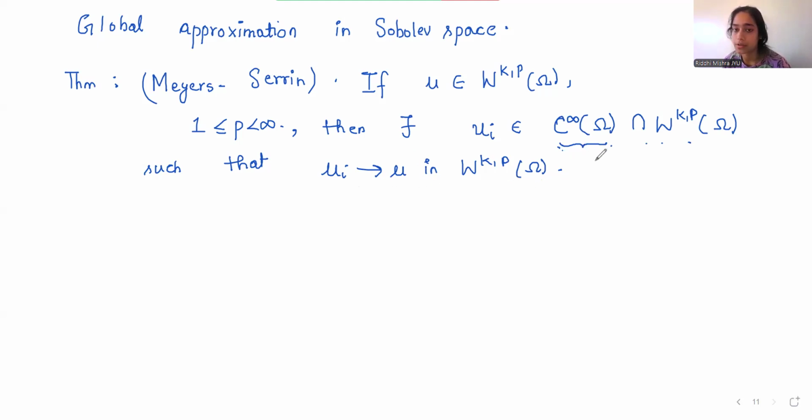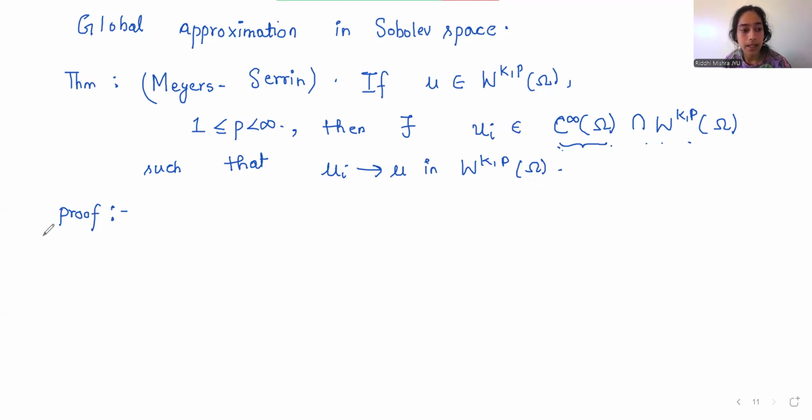The smooth approximation is only in the local sense. But if you are talking about global approximation, then you have to take the intersection with the Sobolev class. Otherwise, it's not true. And the proof is highly based on the partition of unity.